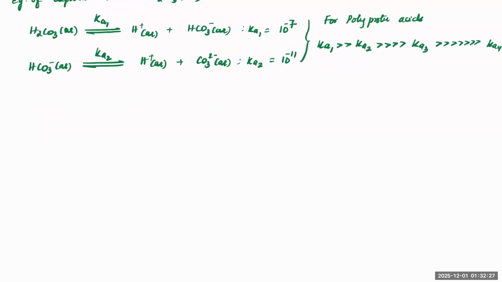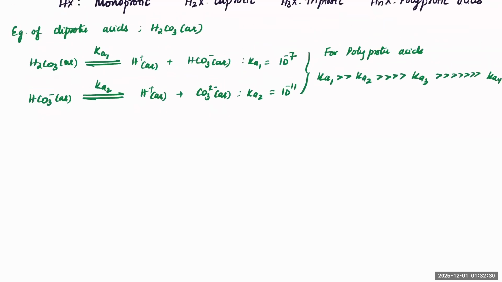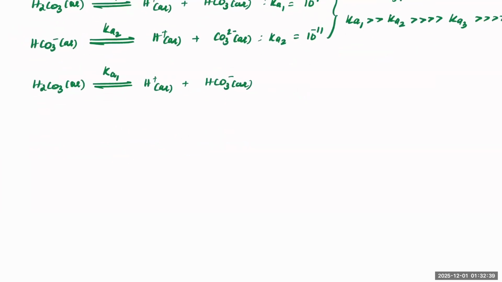Now, if I write this equation in terms of general concentration terms, this is initially C naught, and then C naught minus X will create X and X. But the problem here is that this HCO3 minus will not remain constant. HCO3 minus will again ionize into H plus and CO3 2 minus.